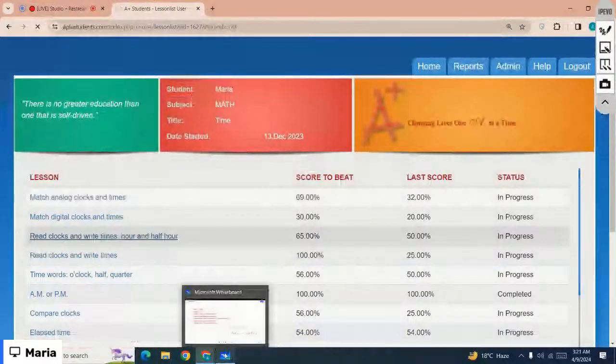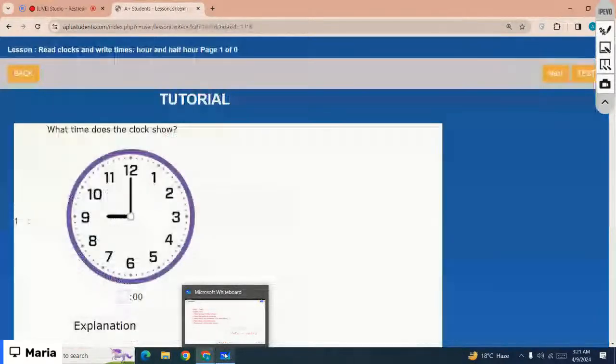Okay, we're going to start with the next lesson, that is read clocks and write times, hour and half hour. So what time does the clock show? That is the digital clock.